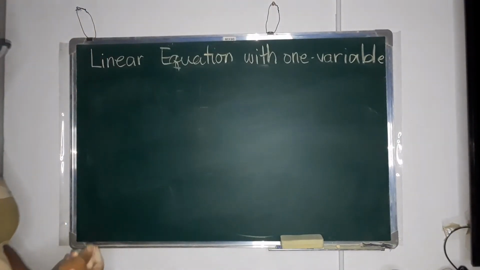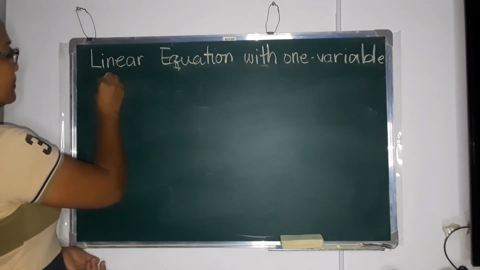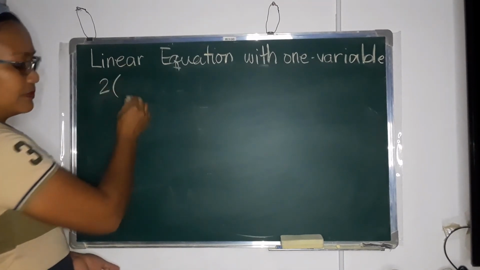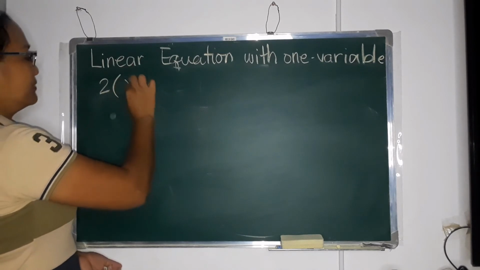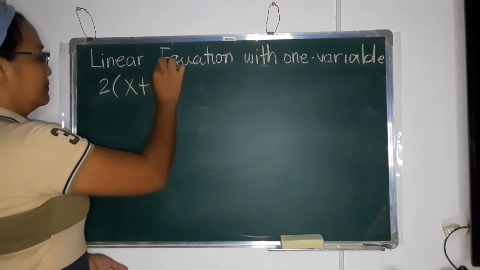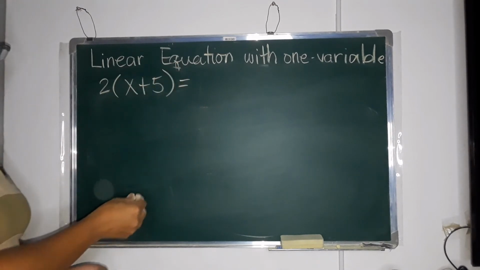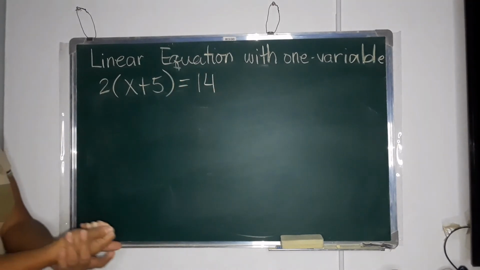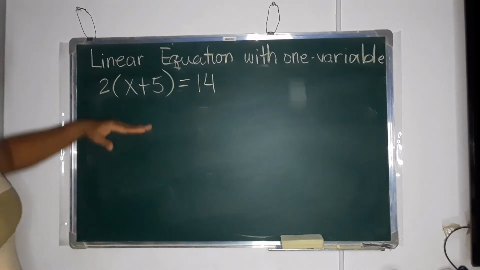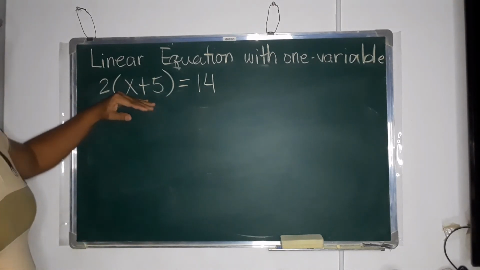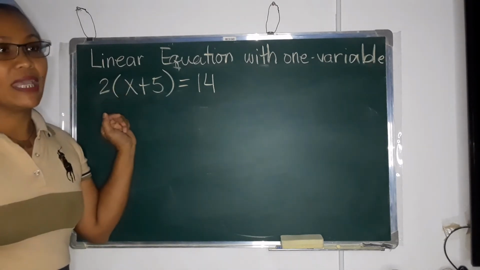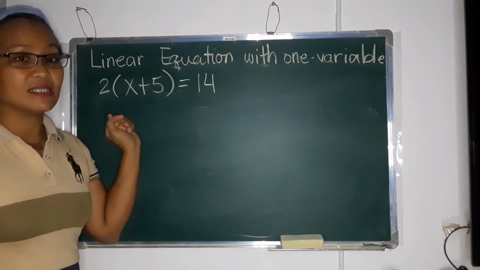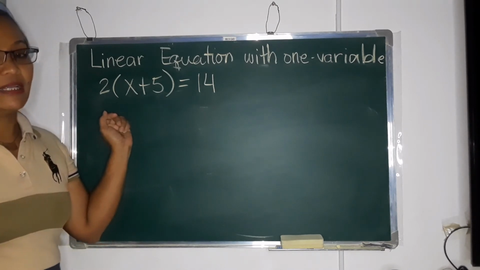For our last example, we have 2(x plus 5) is equal to 14. Okay, if you notice, in our example, we have a close and open parenthesis. Again, we can apply PEMDAS, or order of operations.